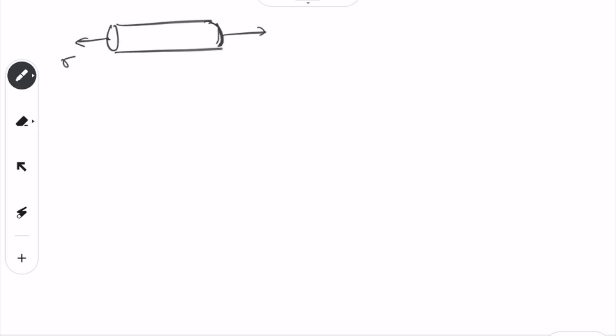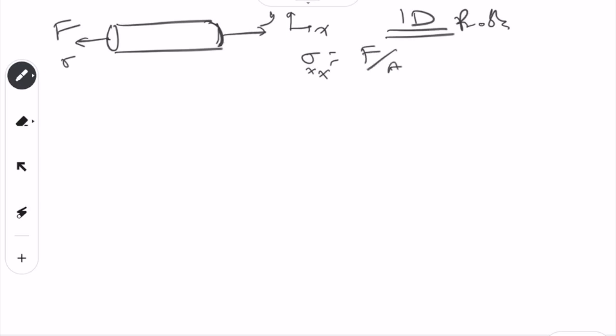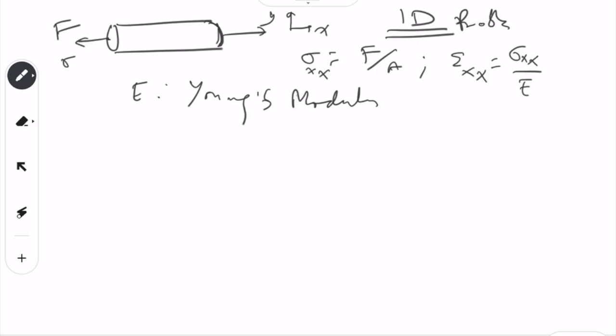If you have a 1D problem and you apply a force, then sigma xx, let's say this is the x direction and the lateral is the y direction, will be equal to F over A simply, and strain epsilon xx will be equal to sigma xx over E. That is it, where E is the Young's modulus. So this is what you will get.